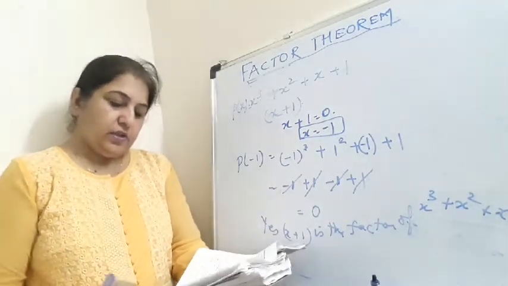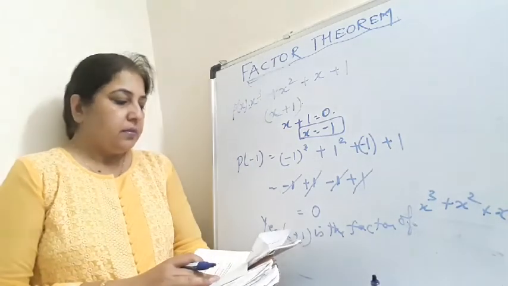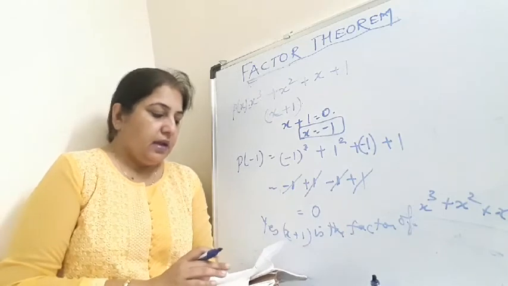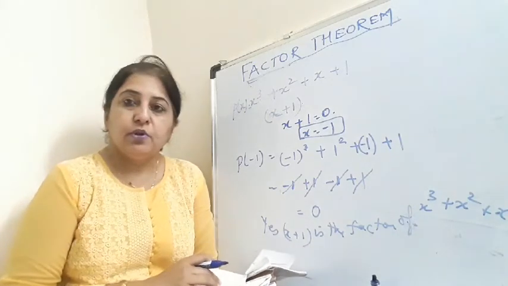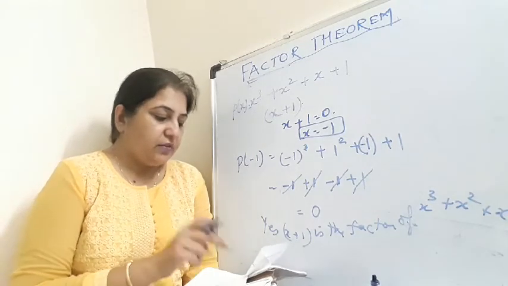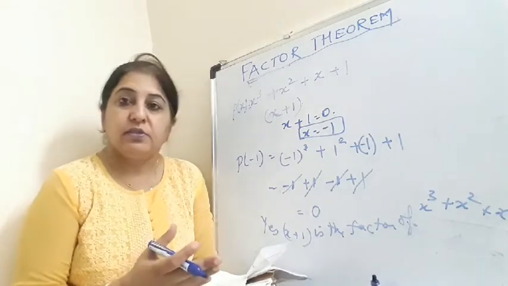In your textbook you have question number 1, question number 2 and question number 3. You can find out using the factor theorem and I hope you will be able to complete these 2-3 questions. And then there is a question on factorization which I will explain to you in my next video.